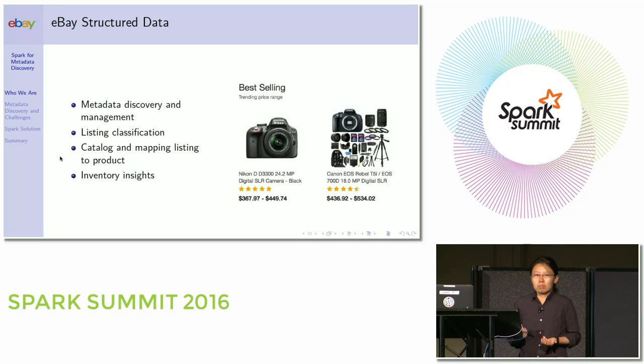The other important domain is listing classification. We have a lot of classification tasks for listings. One important task is listing category recommendation.